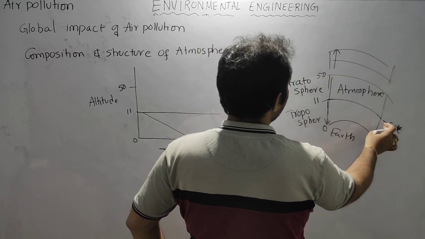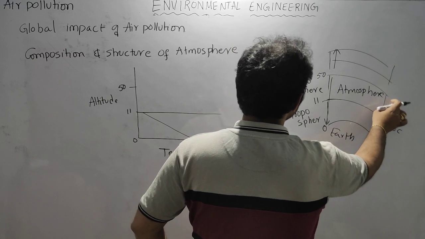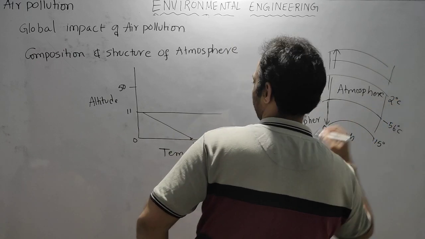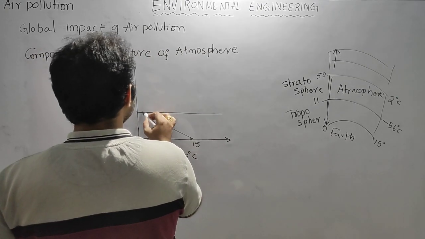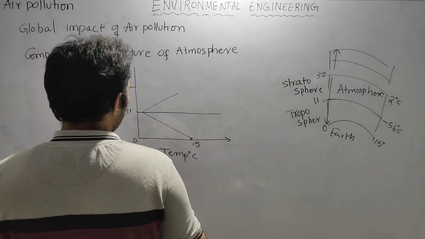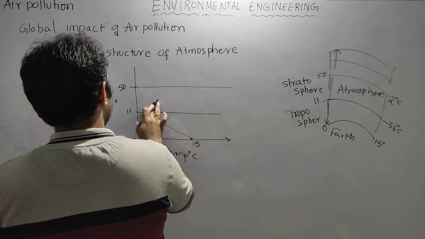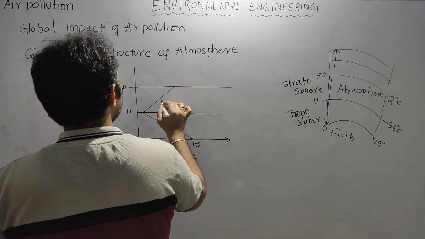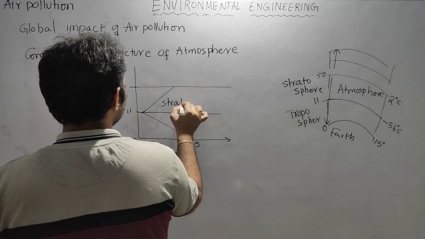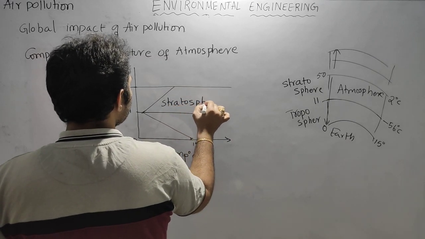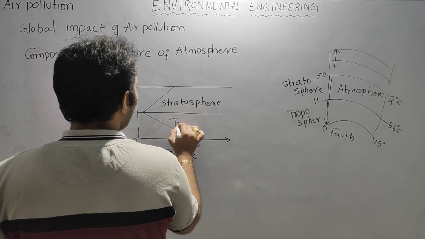Here the temperature increases from minus 56 to 2 degrees centigrade. This is the stratosphere, and this is the troposphere.